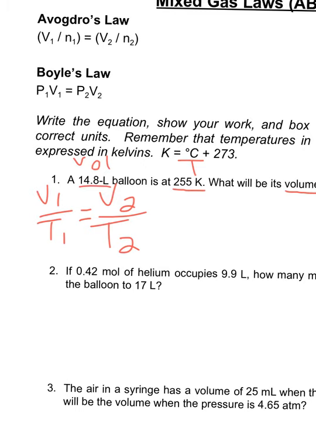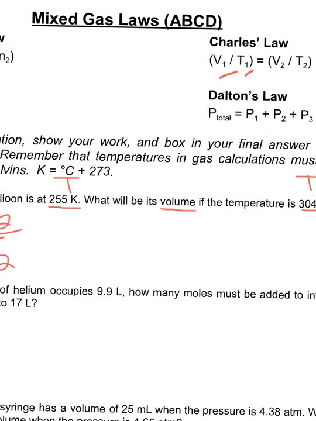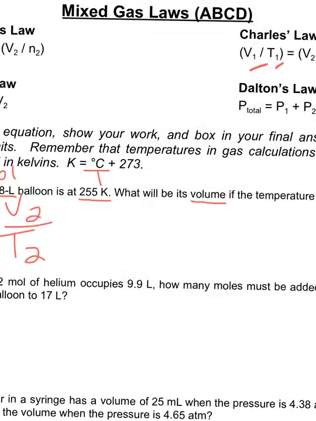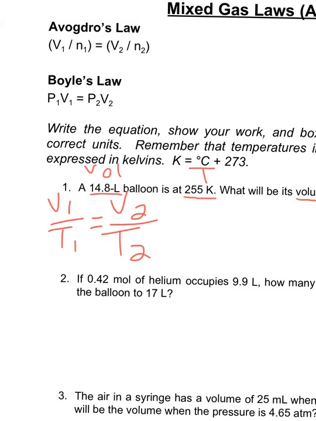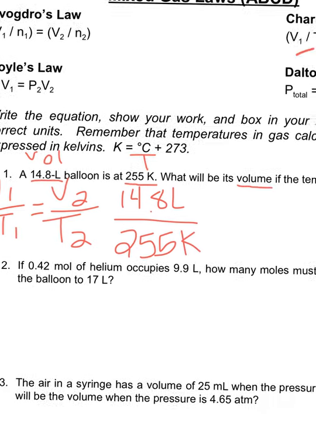Those are the values of the balloon before the temperature changed to 304. So 14.8 and 255, those are my ones. So volume 1, 14.8 liters divided by 255 Kelvin.